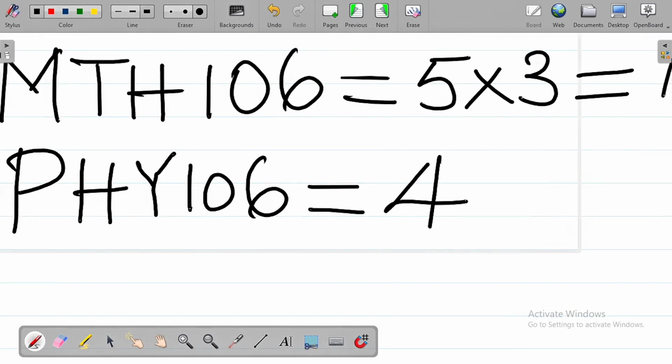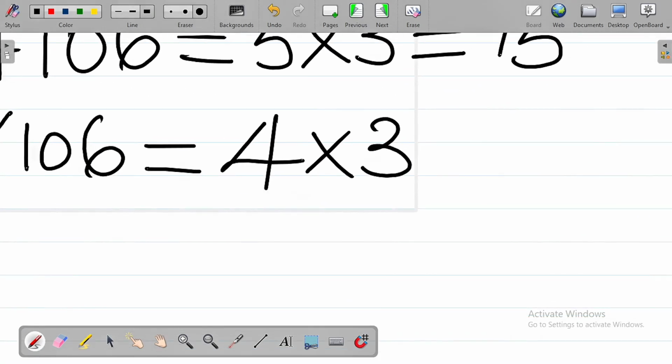So we have 4 multiplied by 3, which is the unit. So 4 multiplied by 3 is 12.